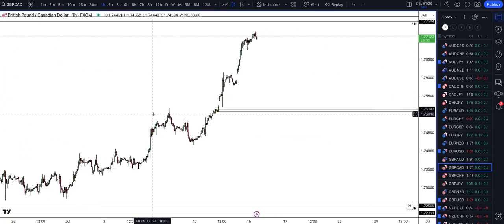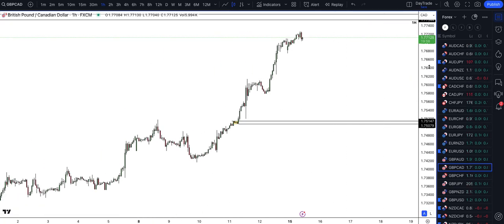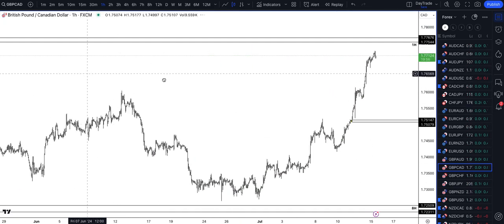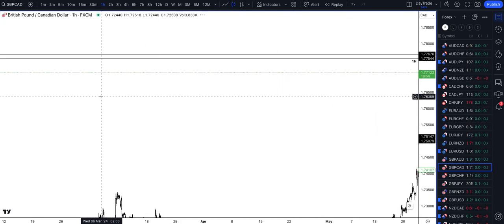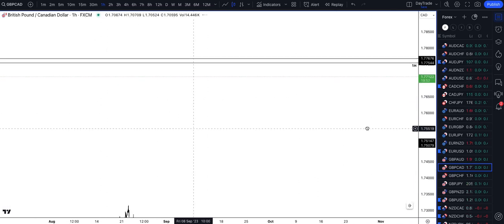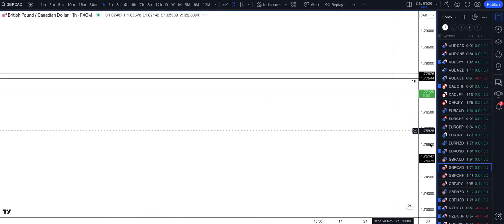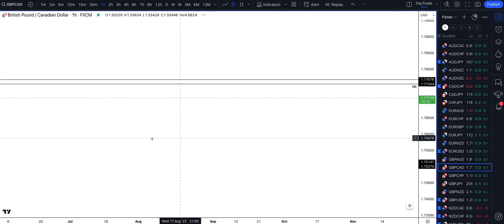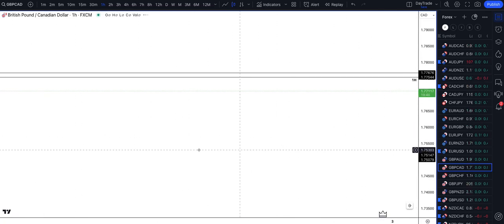So losing trade there, and then higher up, whatever.